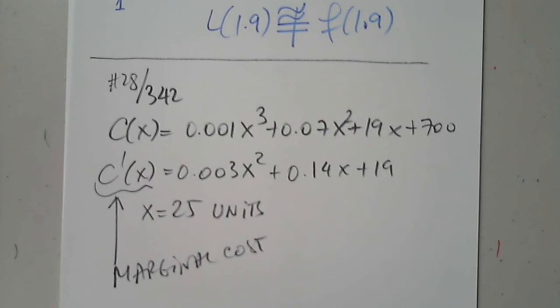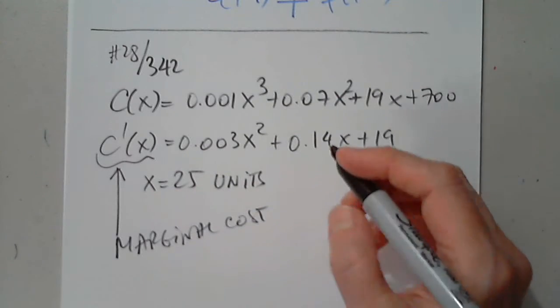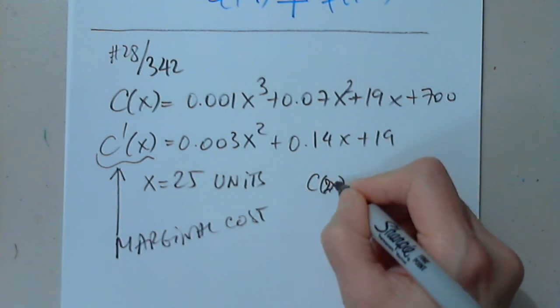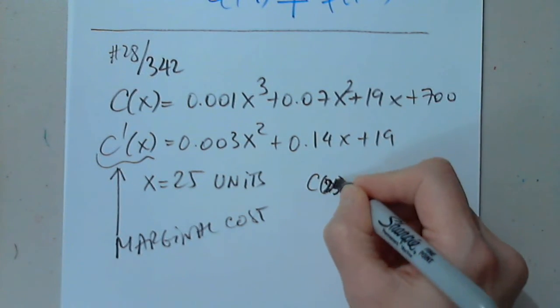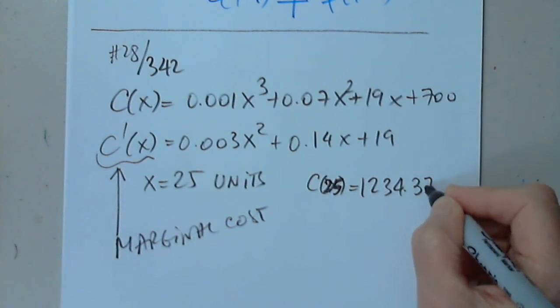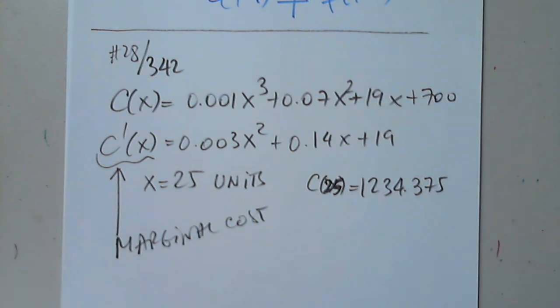Good. Always go back and highlight to see everything because we need everything, all the decimal digits. So C of 25, of course, C of 25 is 1234.375 dollars, of course.